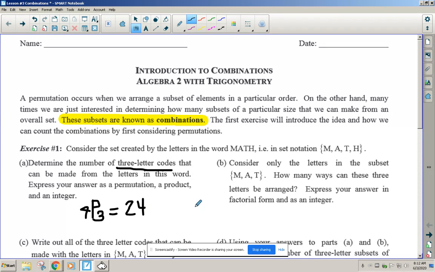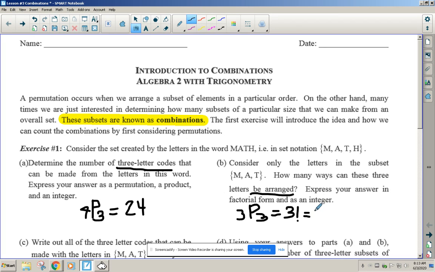Now, part B says, consider now that you're only allowed to use these 3 letters. That's it. How many ways can these be arranged? And again, keyword arranged, order matters. This would end up being 3P3, which is 3 factorial. We talked about the factorial. Now, the factorial means you are multiplying by everything that comes before it on the number line.